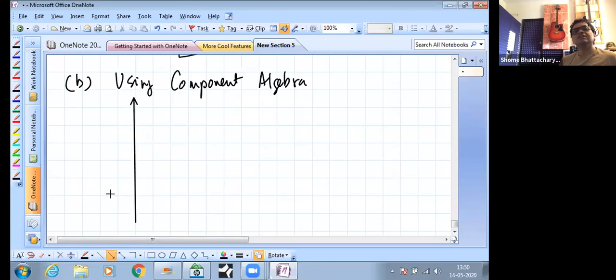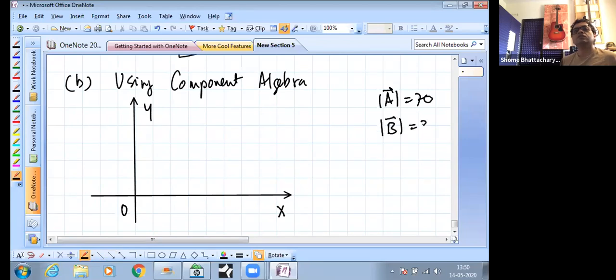Now see, since nothing was actually told about the direction of the vector A, whether it is along a particular x-axis or not, only thing given to me was that the magnitude of the vector A was 70, the magnitude of the vector B was 30 root 2, and the angle between them was 135.